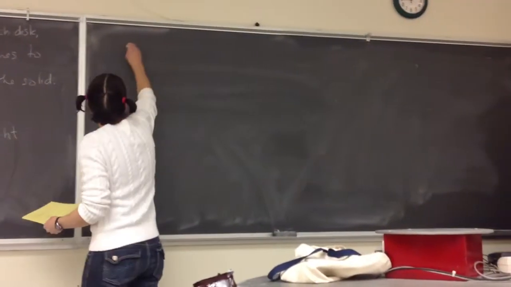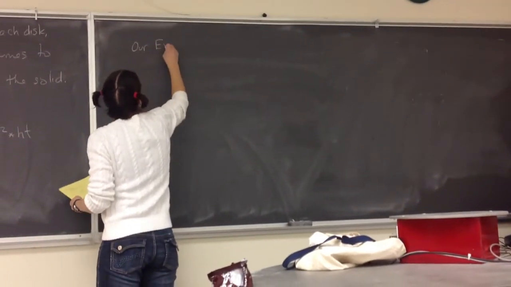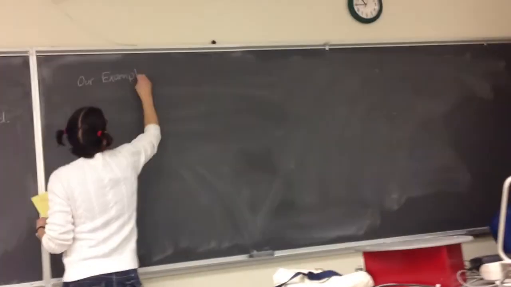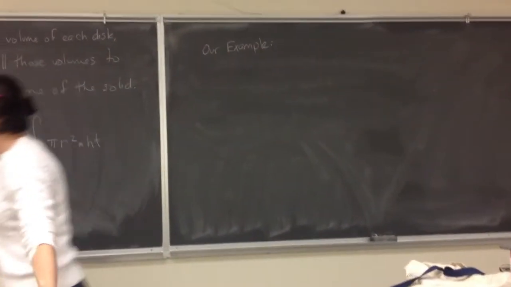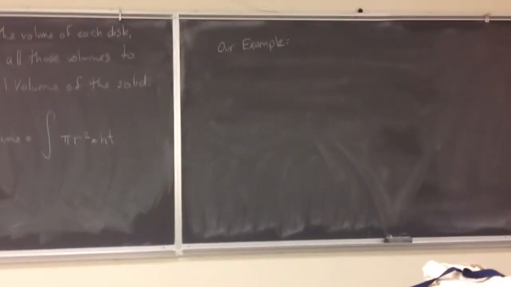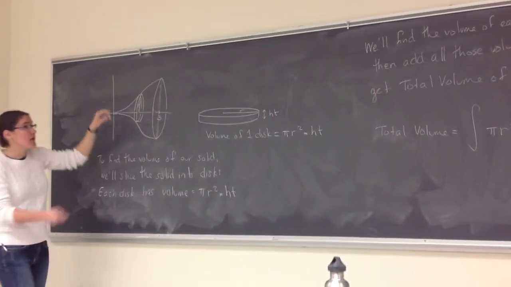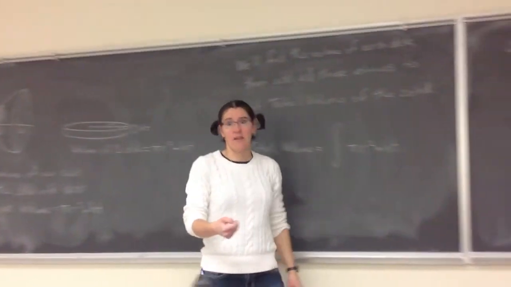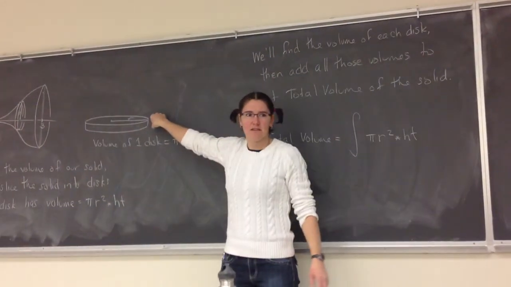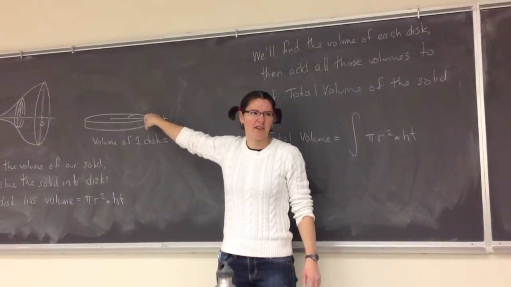Okay, so let's take a look at our example. In our example, we have one standard disk right here in the middle, and so the volume of that disk is going to be pi r squared times our height. The height of a disk is almost so small, I don't want to call it a height, I might call it a thickness.